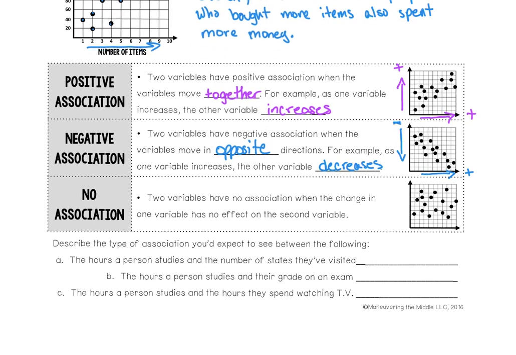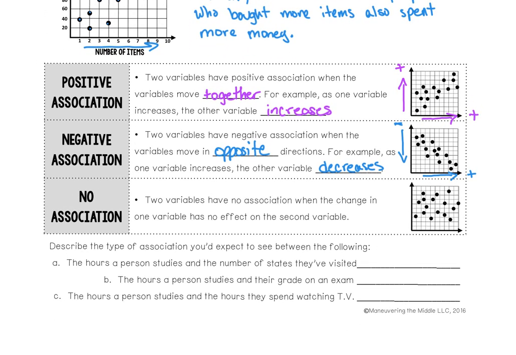All right, the last part here. Describe the type of association you expect to see between the following. So now I'm going to give you 3 different situations, and you're going to see if they affect each other positively, negatively, or not at all. So how are they related, okay? So A, the hours a person studies and the number of states they visited.